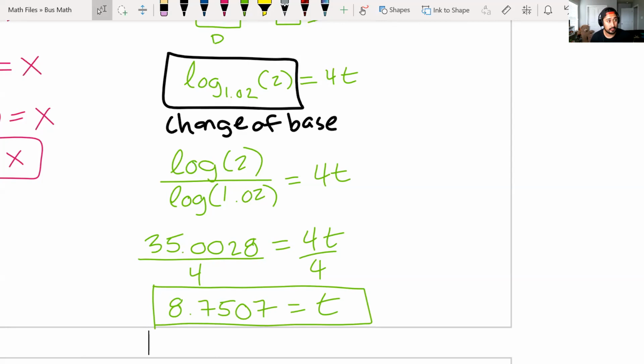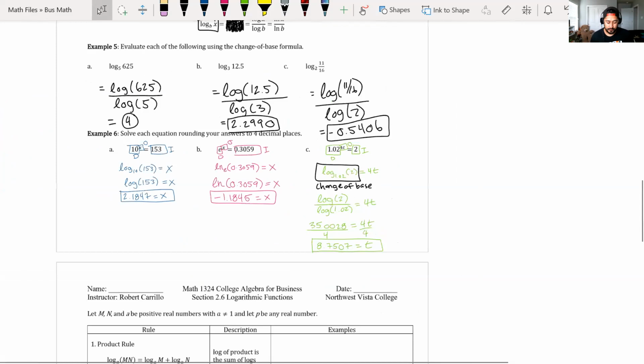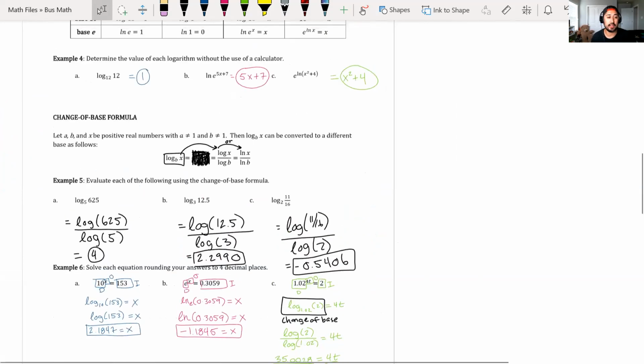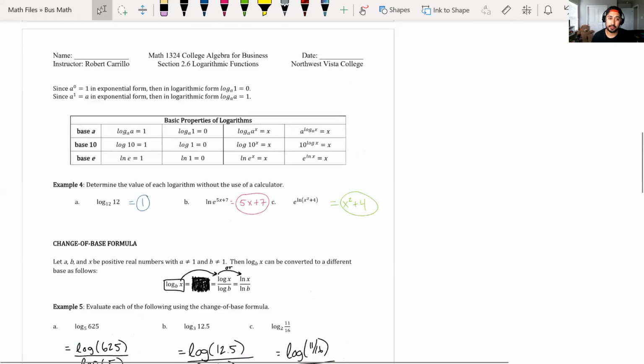Perfect. Okay, cool. All right, so that's using change of base. That is calculating logs and log properties.